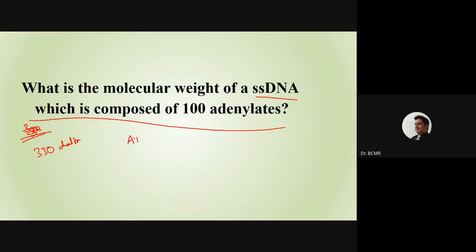If I gave you 100 ATP molecules, and then I told you to polymerize it into a single strand with all consisting of A's like this, what would be its molecular weight? I think the molecular weight of ATP is somewhere around 357 or so. I can't recollect exactly.